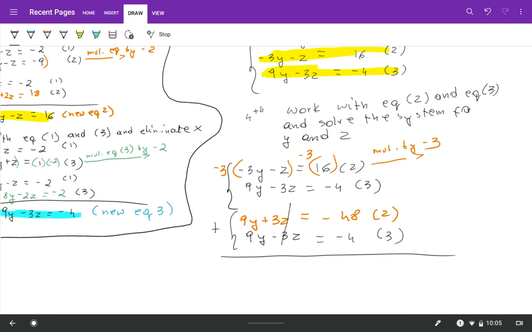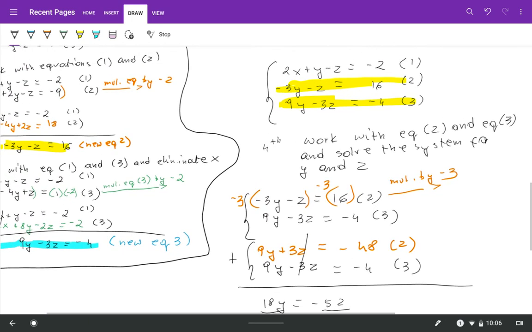And that cancel, we end up with 18y equal negative 52. We're going to divide both sides by 18. Now I'm checking if I didn't mess up with anything.